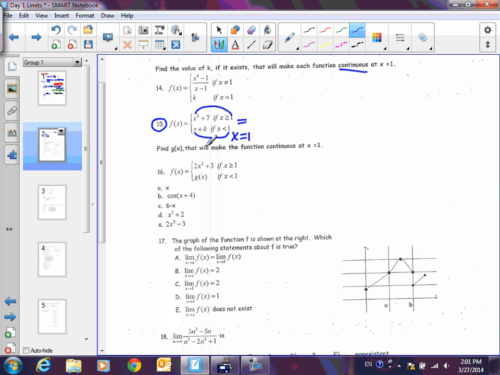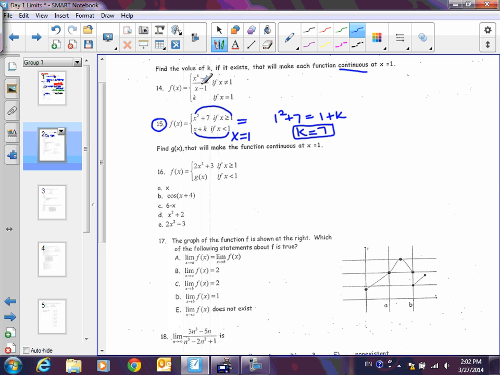It's continuity, they're related. And so I'm going to plug 1 in, 1 squared plus 7, and that's got to equal the other piece when you plug 1 in. And then the direction said to find k, so I find k, and k is equal to 7. If you wanted to check this, you could by graphing it, although I'm pretty sure I did this right, so it wasn't too messy.